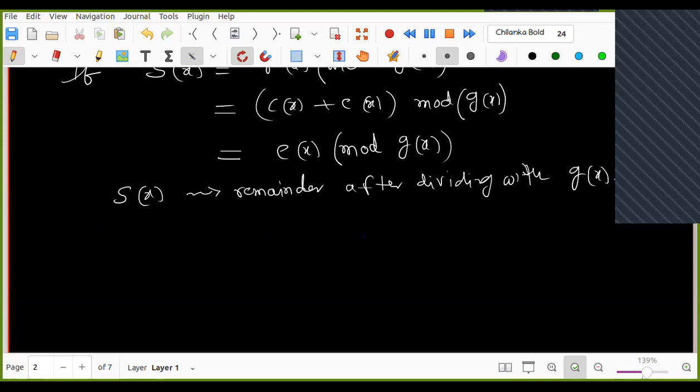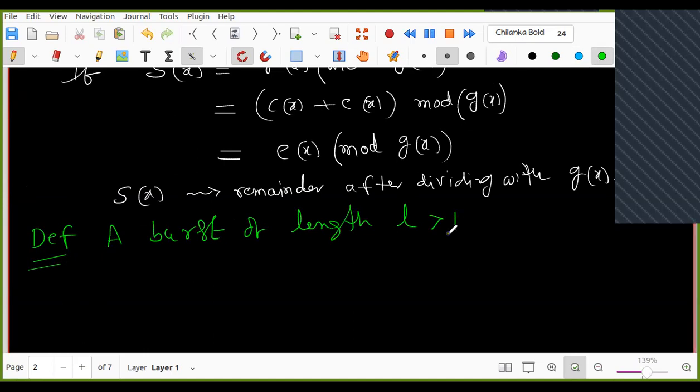Let me explain what burst decoding is. First let me give you the definition, so that it will be easy for you. Please ask me whenever you have a doubt. Definition: a burst of length L greater than 1 is a binary vector.